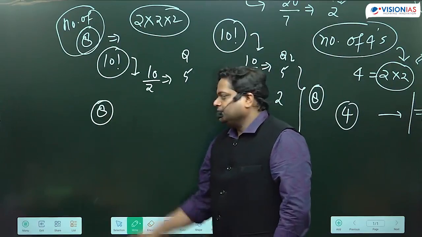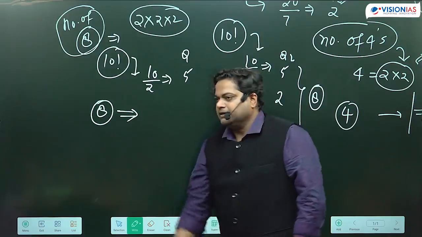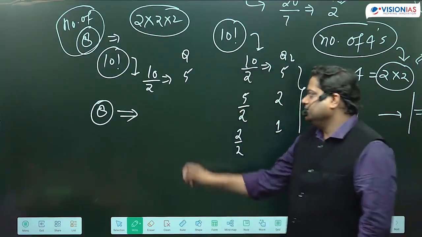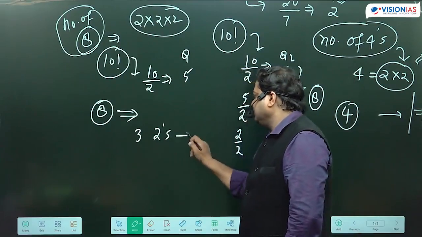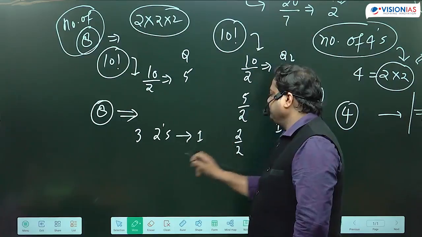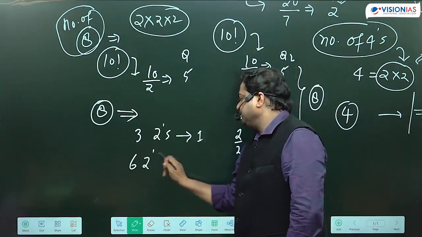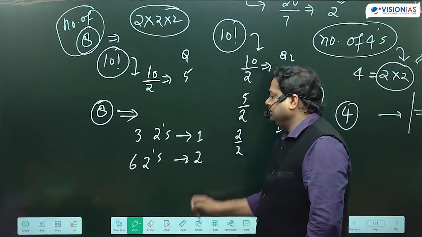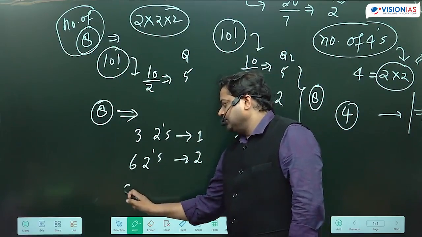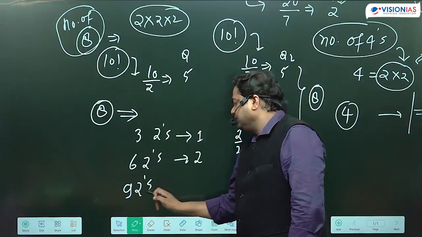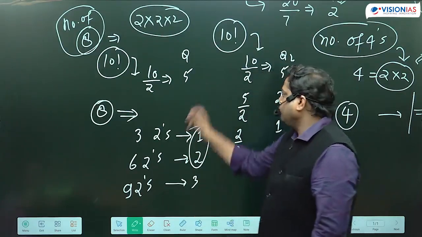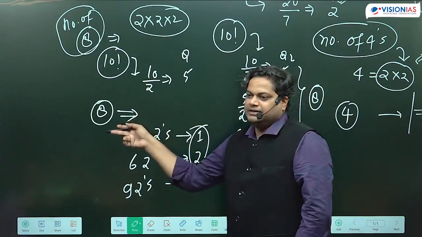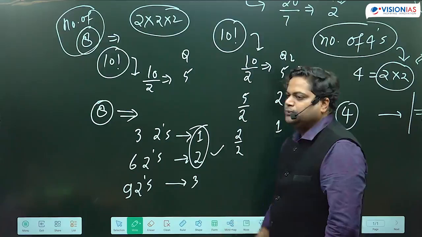So how many 8s can we make from 8 2s? From three 2s we can get one 8. So from six 2s we can get two 8s. Further, we need nine 2s to make three 8s. But how many 2s do we have? 8. So we cannot get more than two 8s.